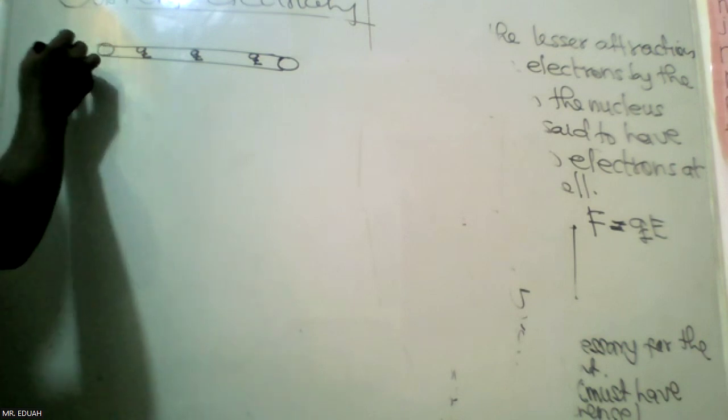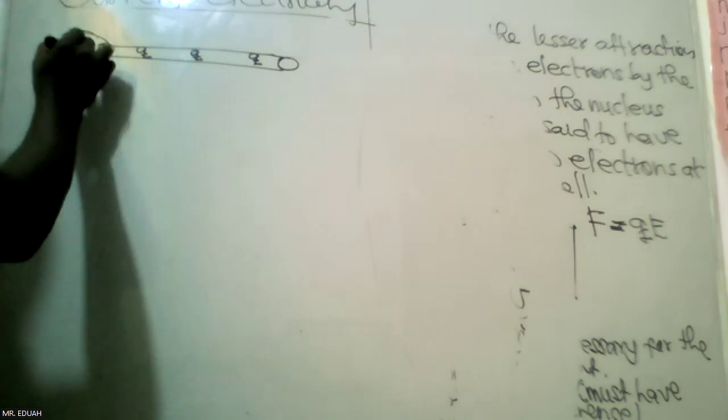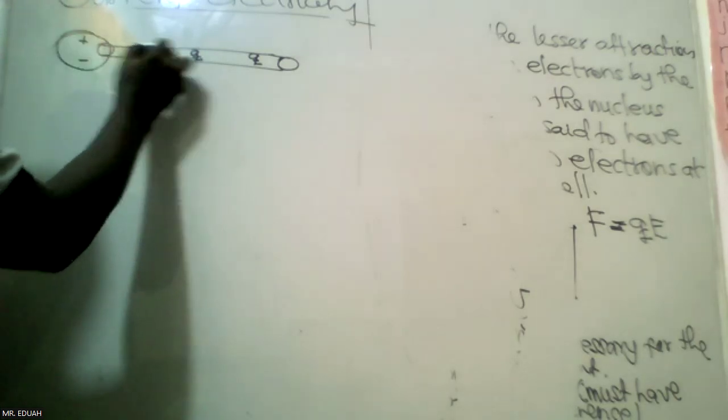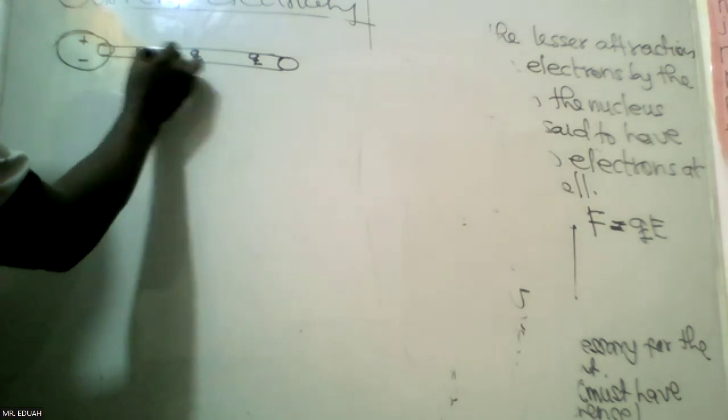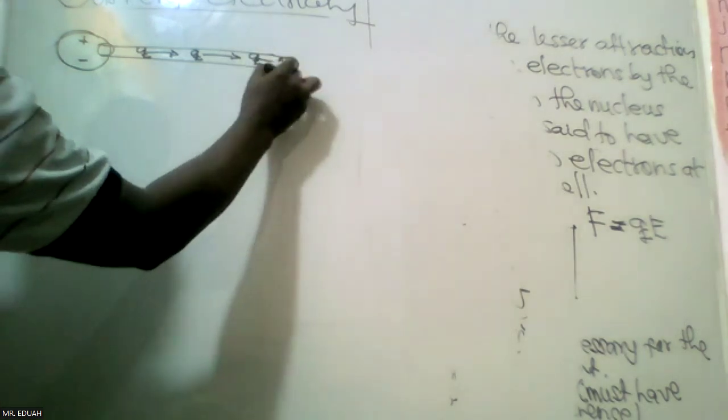They are looking for something to force them. And so when you connect a source of EMF and there is a potential difference, force acts on them and they drift or move with a certain velocity within the conductor.